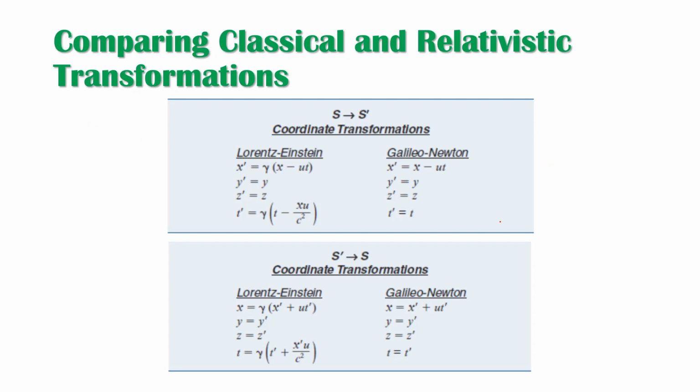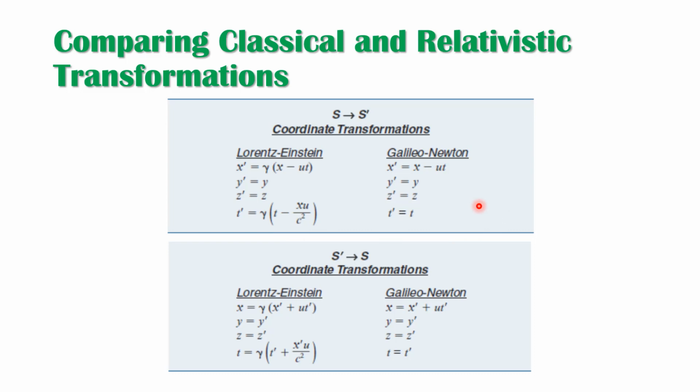Now we compare the classical and relativistic transformation. So we have here the list of the Lorentz transformation as compared to the Galilean transformation. As you can see, we have this correction factor gamma, which is equal to 1 over the square root of 1 minus u squared over c squared.